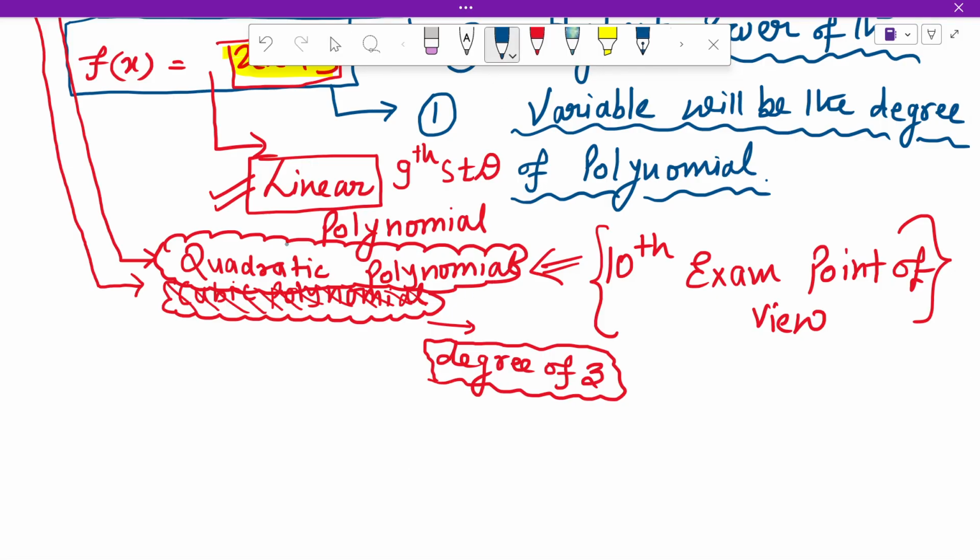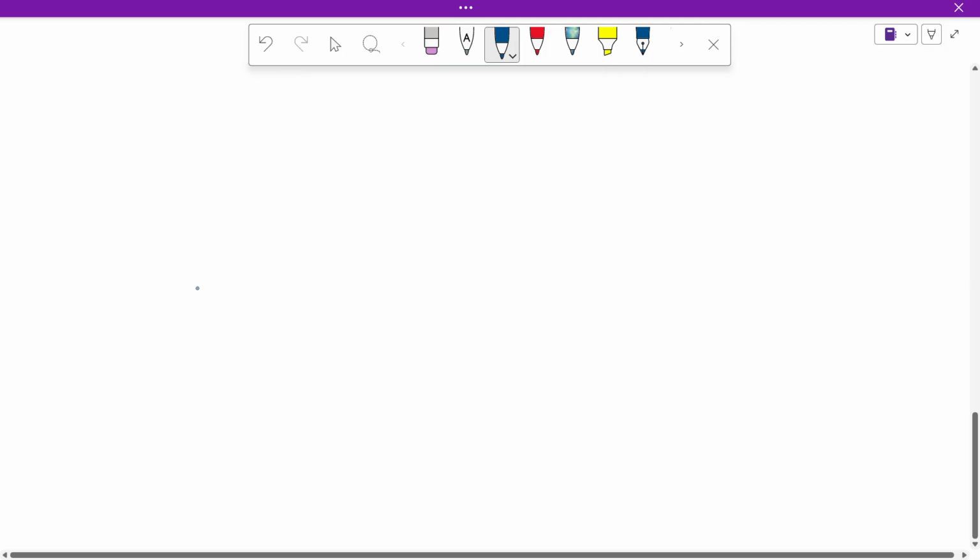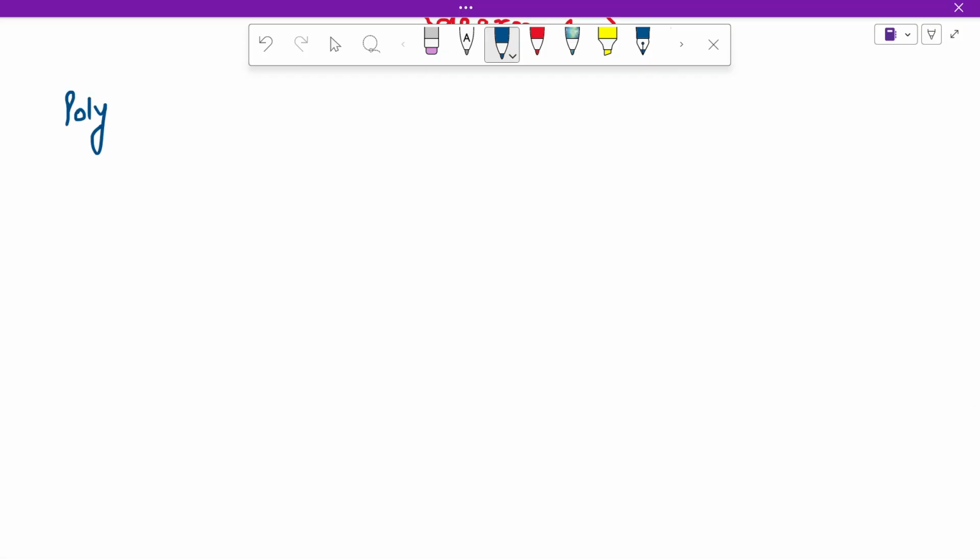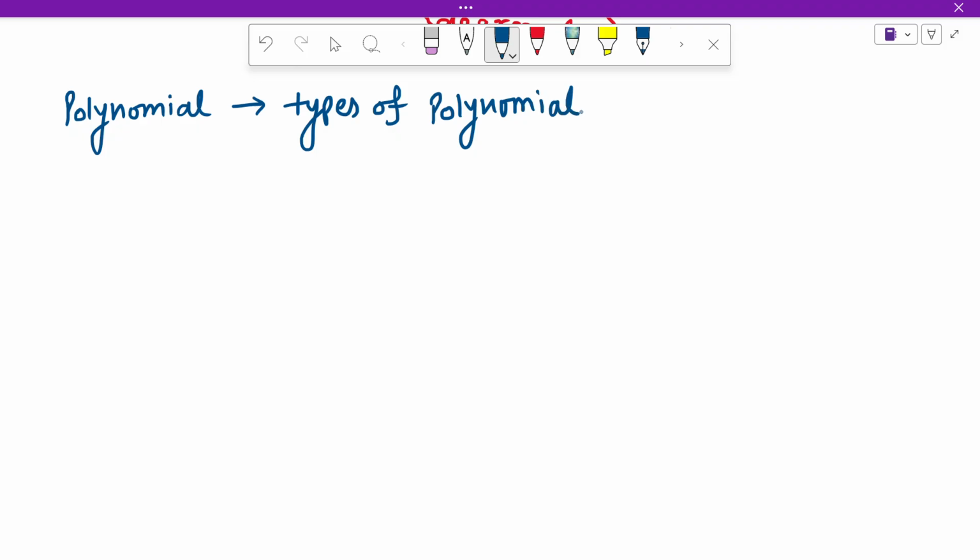Okay, so let us just quickly refresh what we have discussed. We have seen what a polynomial is, and after that we have seen the types of polynomials, and after that we have seen that we are going to study only the quadratic polynomial.